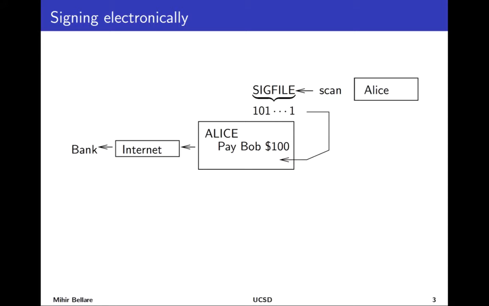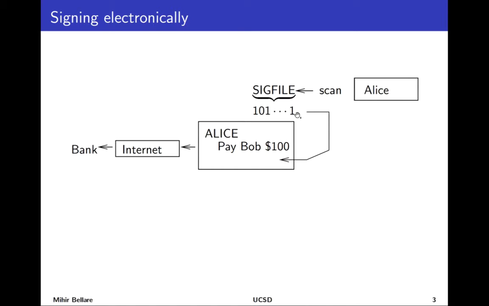If you try to lift that to an electronic setting in the most obvious way, what you might do is have Alice give her handwritten signature on a piece of paper, and then just turn that into an electronic format. Take a photo of it or scan it and turn it into a JPEG file.